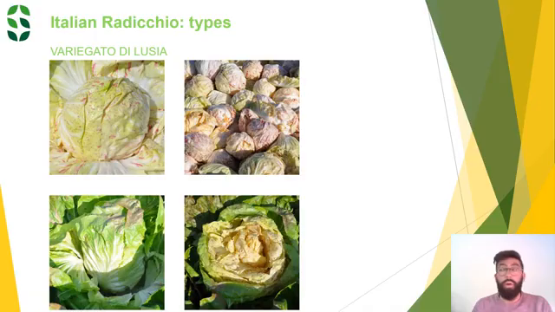So for the opening season of the opened Castelfranco, some growers use some super early selections of Variegato di Lusia, like in the last pictures, and they open it trying to make something similar to the Castelfranco.